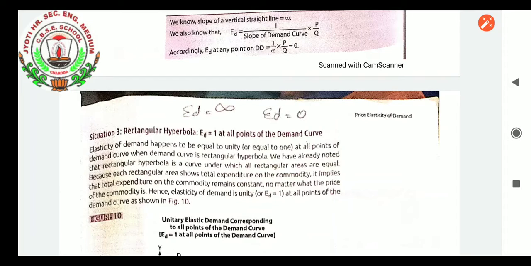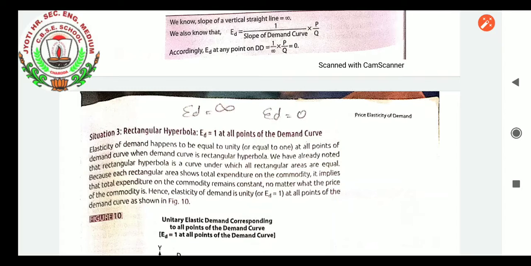We have already noted that a rectangular hyperbola is a curve under which all the rectangular areas are equal. Because each rectangular area shows total expenditure on the commodity, it implies the total expenditure on the commodity remains constant no matter what the price of the commodity is. Hence, elasticity of demand is unity, or ED equals 1, at all points of the demand curve as shown in figure number 10.